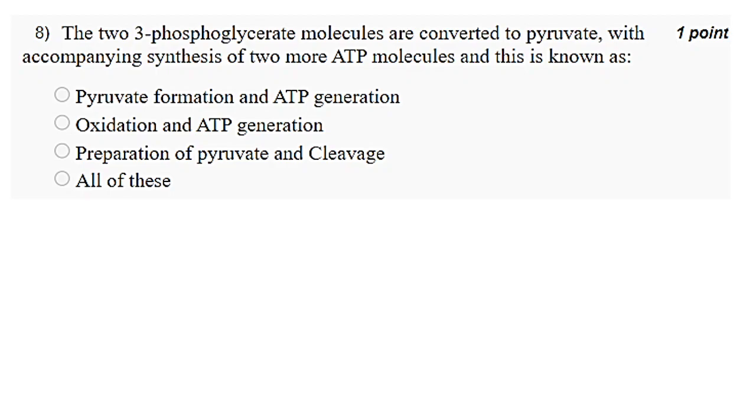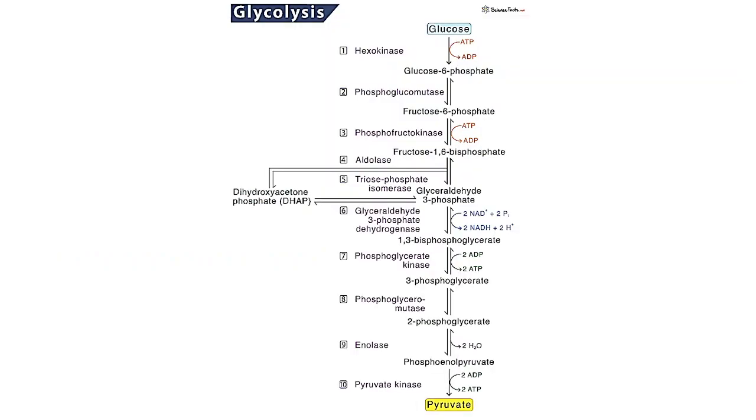Okay. The correct answer is pyruvate formation and ATP generation. This is how the glycolysis process looks. We start with hexokinase and we end up with pyruvate, and then the pyruvate moves on to the Krebs cycle.